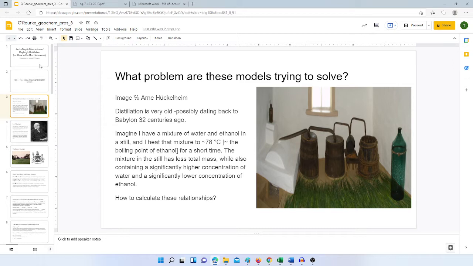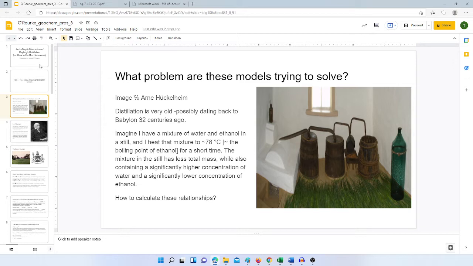So the total amount of mass in the bottom of the still is now less because a lot of it has gone out, but it is not going out in equal measure, right? More ethanol has left than water, and surely there is some water that is left and there is some ethanol that remains.